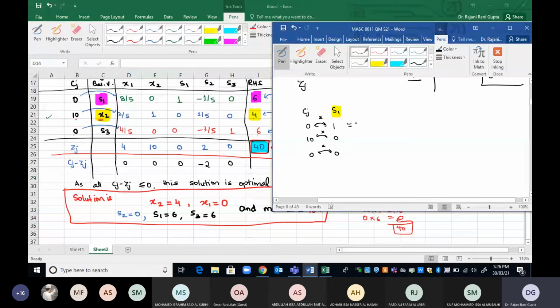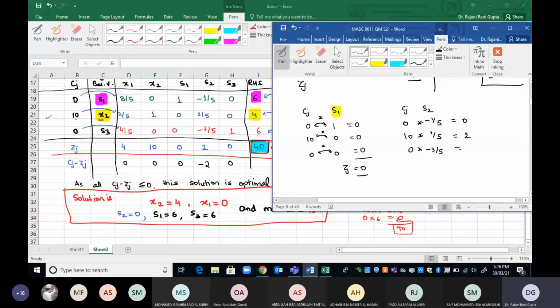Now for S2, we have 0, 10, 0 with minus 1 over 5, 1 over 5 and minus 3 over 5. We multiply them: this is 0, 10 divided by 5 is 2, and this is 0. That gives you 2 for S2. Similarly we get it for S3.